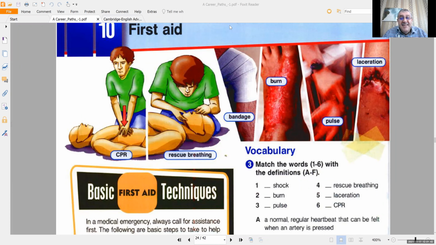So question number one, what is the conversation mainly about? Is it about treating a burn, teaching first aid, healing a cut finger, or removing a bandage? Or number two, what will the woman likely do next? Cover the injury, clean the laceration, remove the bandage, apply pressure to the cut. So listen, please. We are going to listen 2 times as usual. Then we answer the questions.